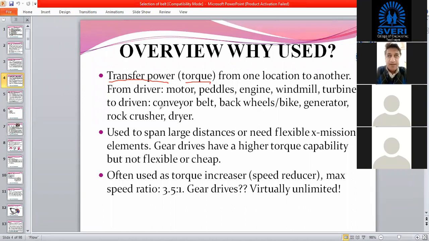Then these belt drives are used to transmit power from motors, from paddles in case of hand operated machines, then from engines in case of windmills, turbines, to drive conveyor belts.